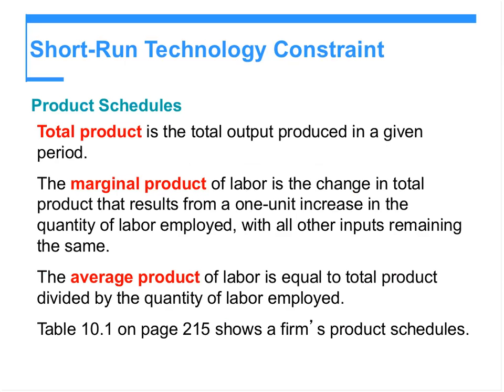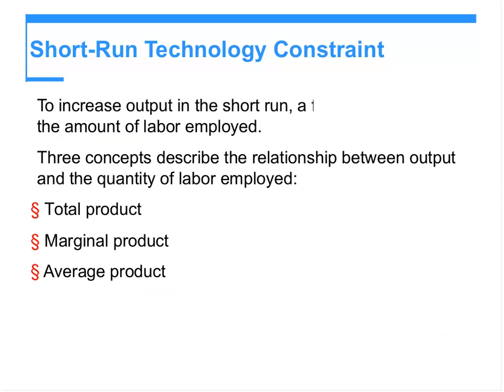The average product of labor is equal to total product divided by the quantity of labor employed. As you can see, we don't have the table on the page here.